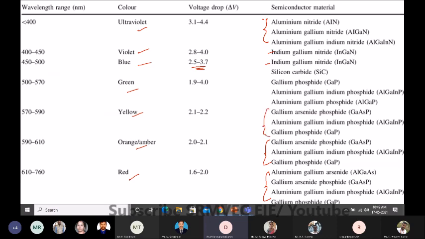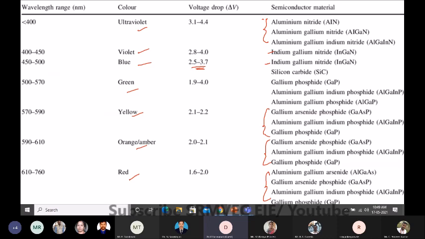Other characteristics are all the same as your diode. It is forward biased. What happens? Due to the external energy, the electrons get excited, and when they recombine, they release a photon of energy. That radiation is visible in a different color depending upon the chemical composition of the materials used to construct that LED.